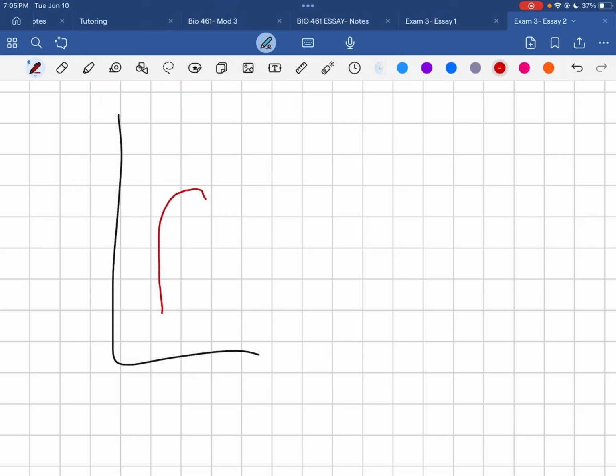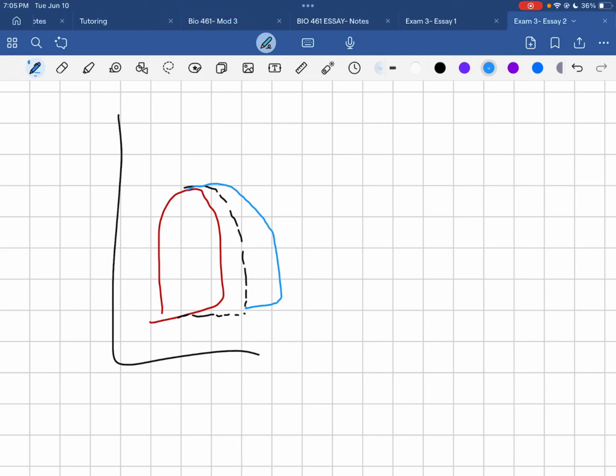Okay, we're going to draw this little chart again, but this time we're talking about preload. Say our preload right here is our normal one, known as our control. At this point right here, our preload increases.